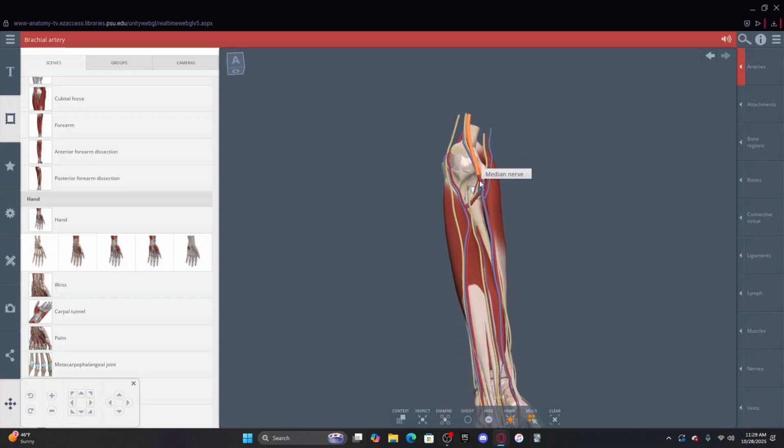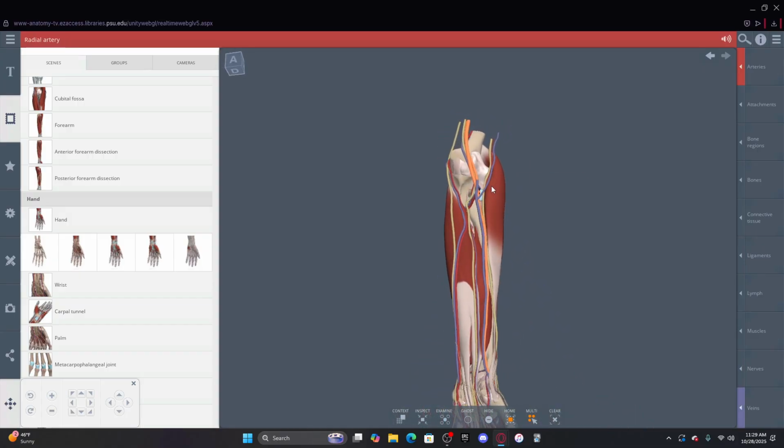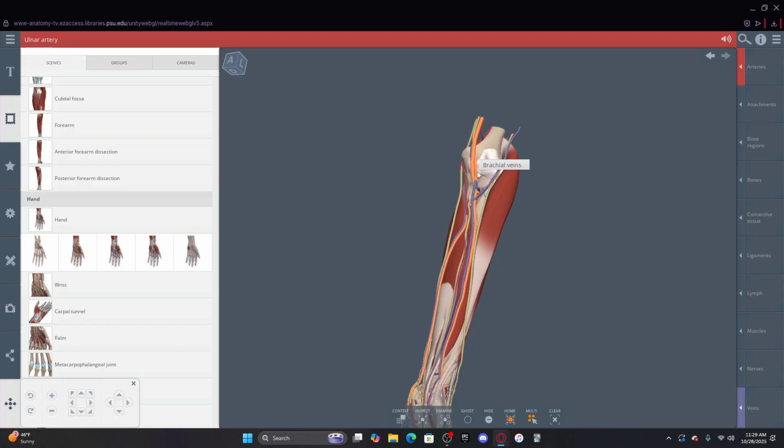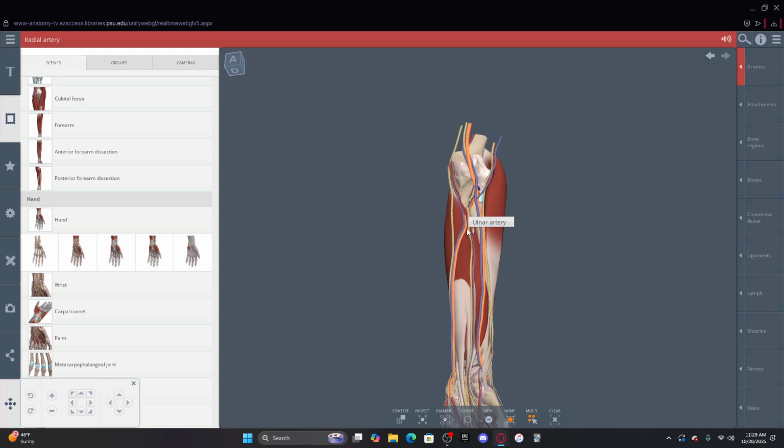The brachial artery splits into the radial artery and the ulnar artery. I'm going to remove the brachial vein so we can see that. So the brachial artery splits into the radial and ulnar artery.